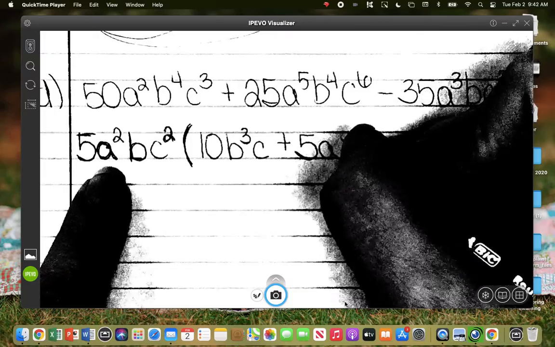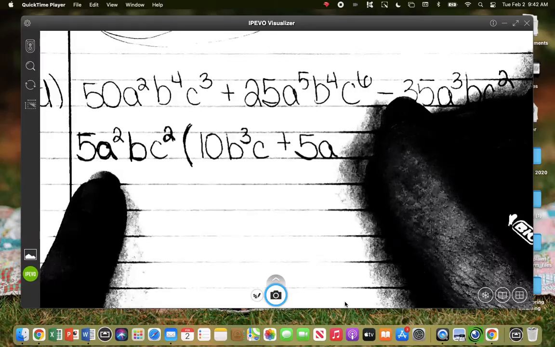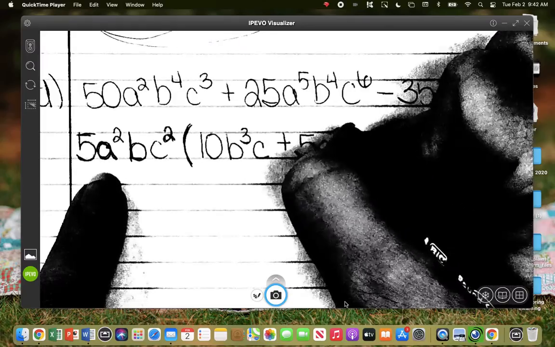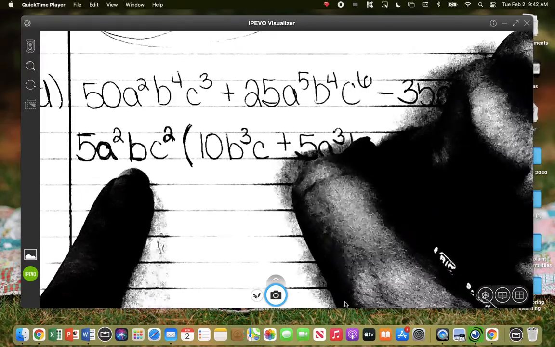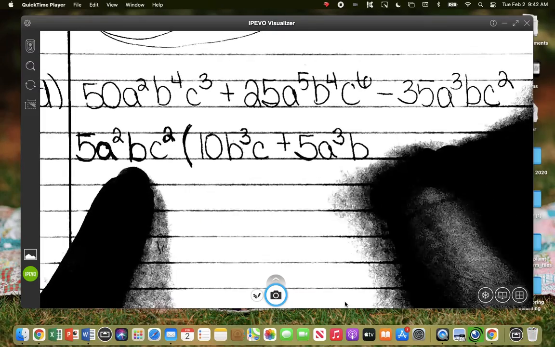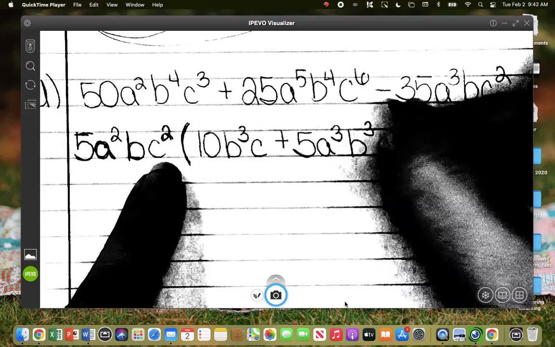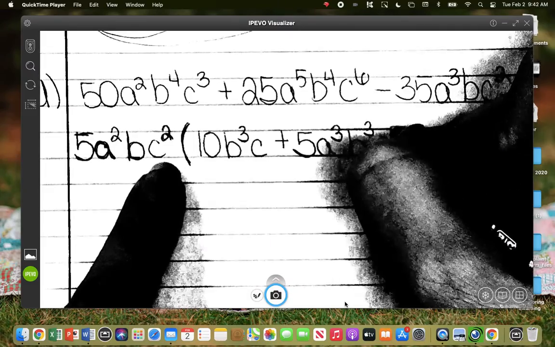Now, exponents add here, so 2 plus what would give me 5? 3. All right, how many b's do I need to make 4? 3. And then I have 2 c's. How many do I need to add to make 6? 4.